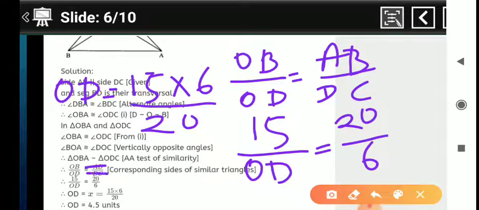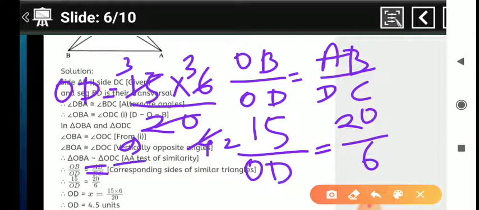Simplifying, 5 3s are 15, 5 4s are 20, 2 2s are 4 and 2 3s are 6. So 3 into 3, 9 divided by 2, which is 4.5. So the length of OD is 4.5. This is question number 6.